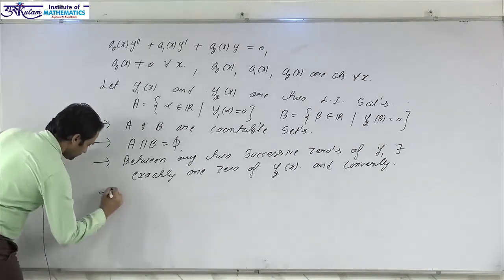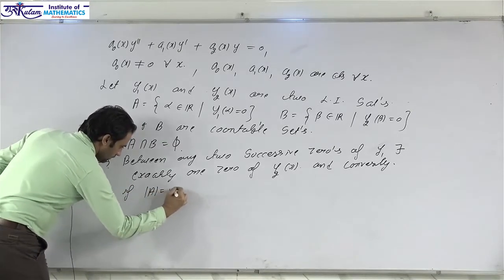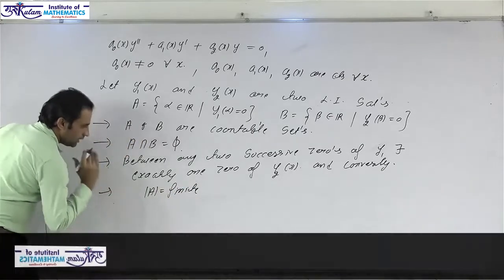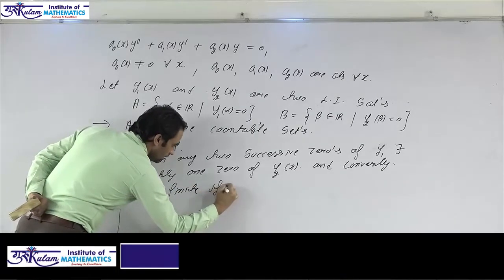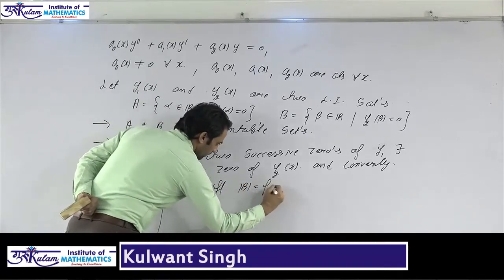Or, the cardinality of A is finite if and only if the cardinality of B is finite.